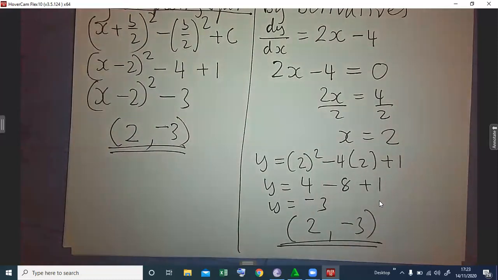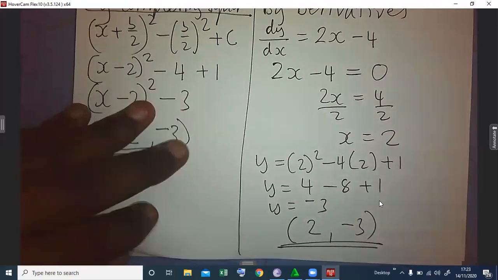Now, the aim for me to show you that we can find the turning point using derivatives for quadratics is because when we come to cubic, the most efficient method of finding the turning point is derivatives straight away. So let's see how we use the derivative method straight away to find the turning point of a cubic function. So now let's look at the turning point of a cubic function.